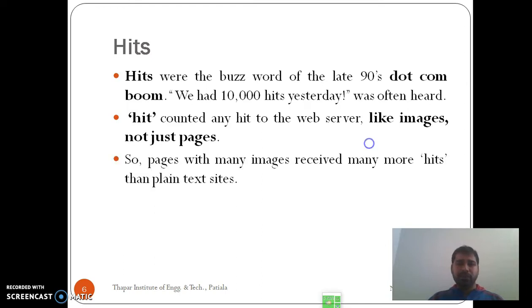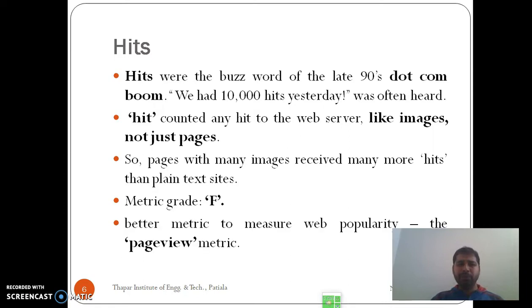If your web page contains many images, then it receives many more hits than plain text sites. So this is not a good metric to analyze the quality of a website. So we grade this metric as an F grade, and we move to some better metrics like page views.